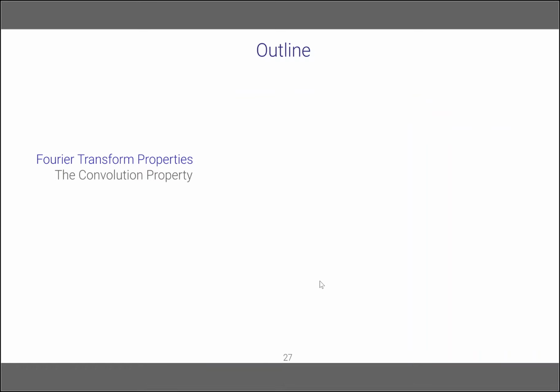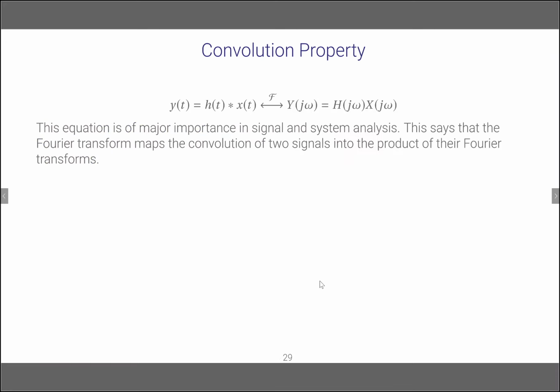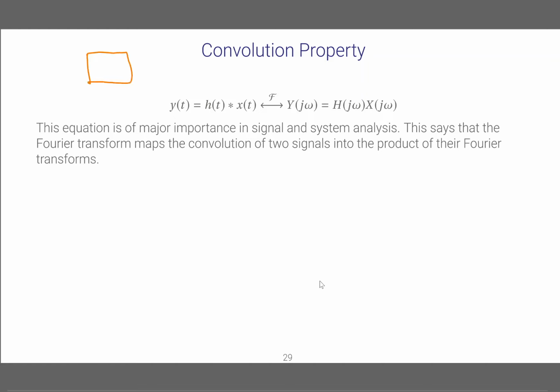Okay, now we can look at the convolution property. If we have a system and input x(t) to that, our system has impulse response h(t), and it outputs y(t), we obtain y(t) as the convolution between h(t) and x(t).